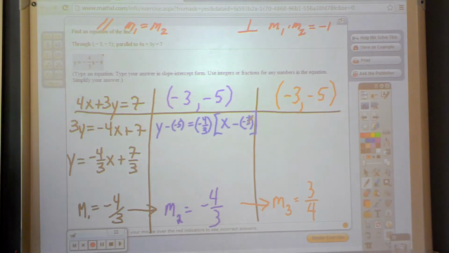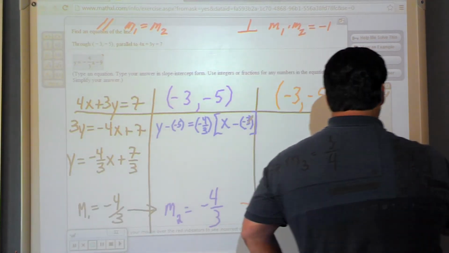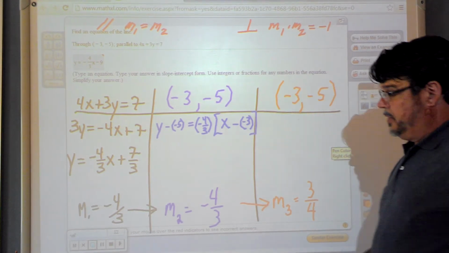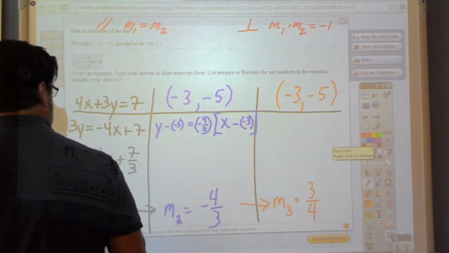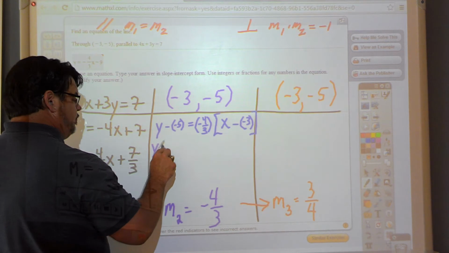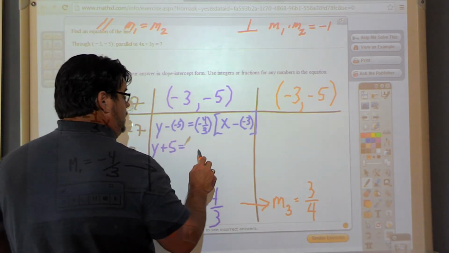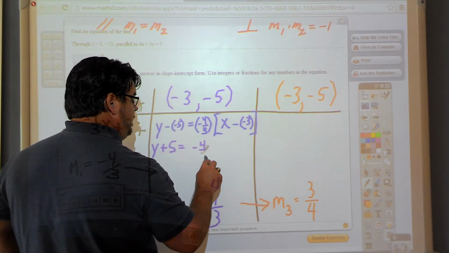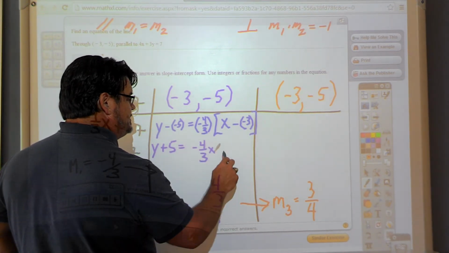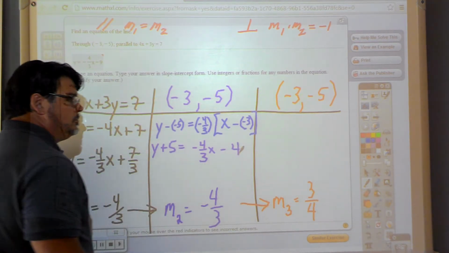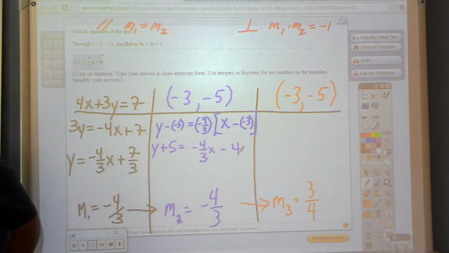Not using purple, sorry. What's y minus the -5? Y plus 5 is equal to -4/3 x minus 4. Now I skipped a couple of steps there, but let's check it.